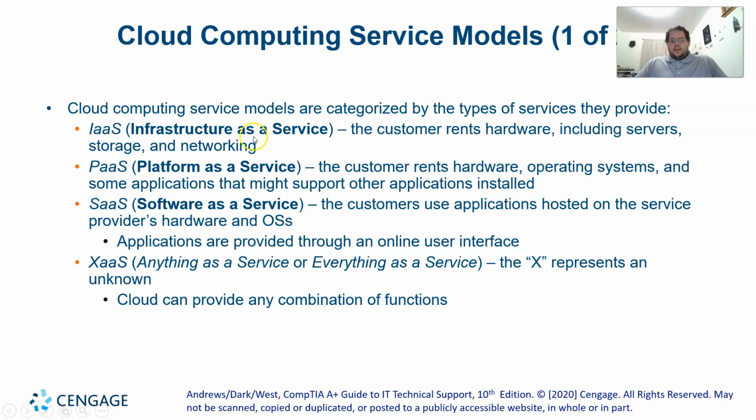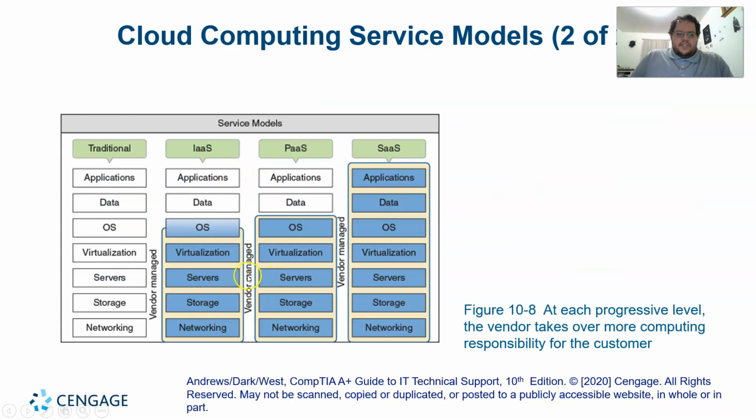So you've got different ones, and each one could combine. You could have infrastructure as a service and software as a service both. I have Office 365, and then I have a server on the cloud.